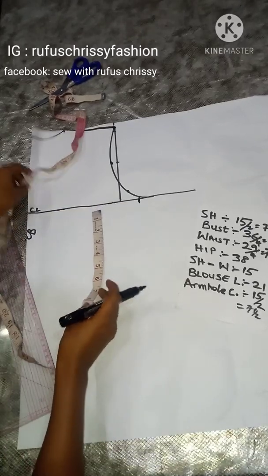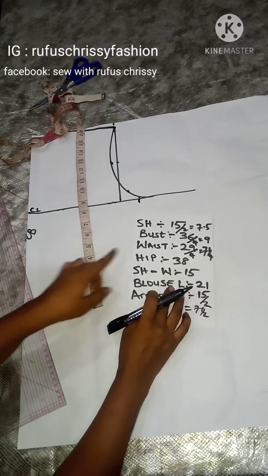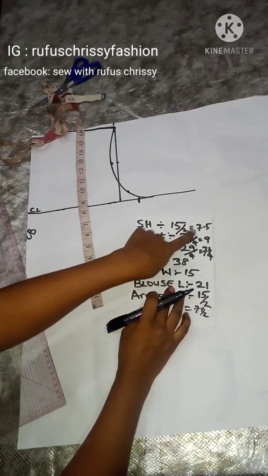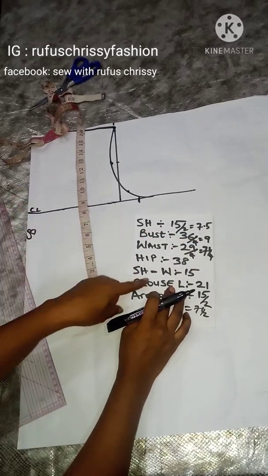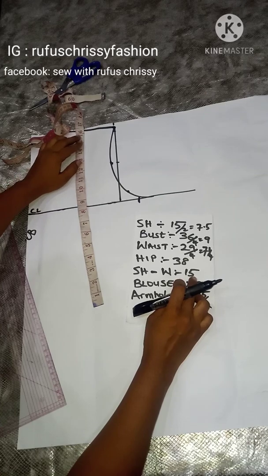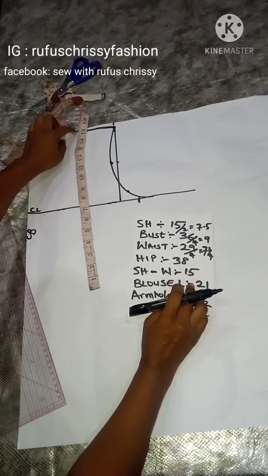Then from this point, from the shoulder line, can you see it's the shoulder line? The shoulder to waist measurement is 15 inches. I'm taking the shoulder measurement from here.